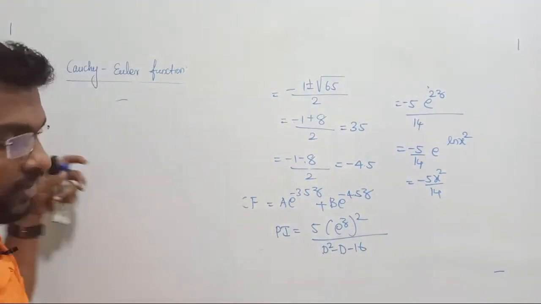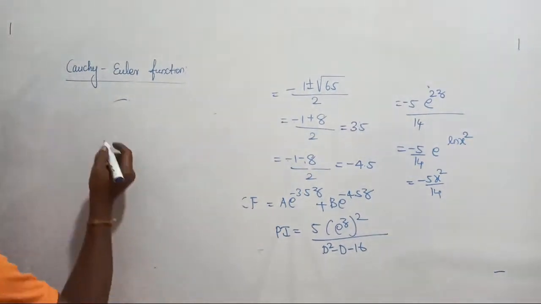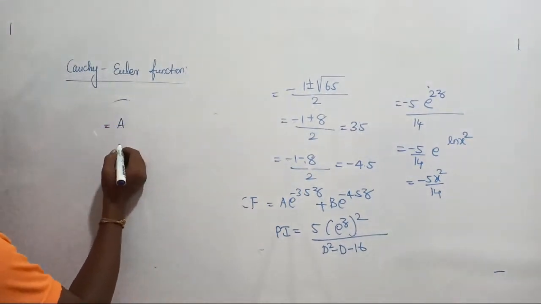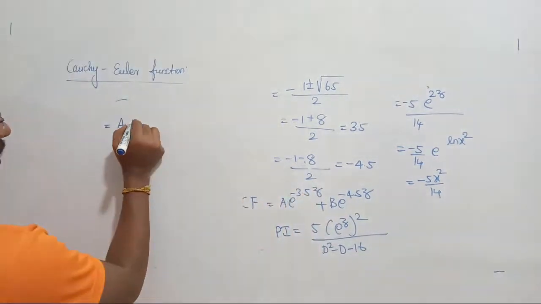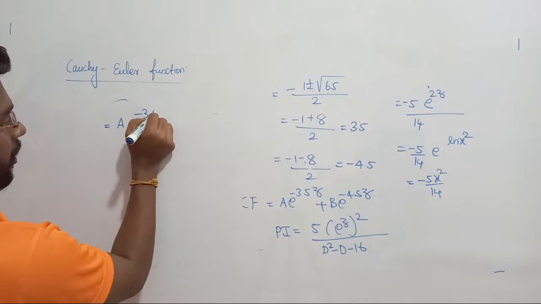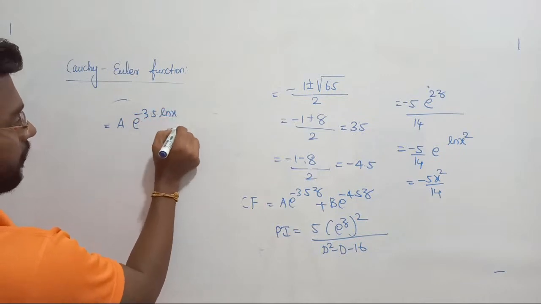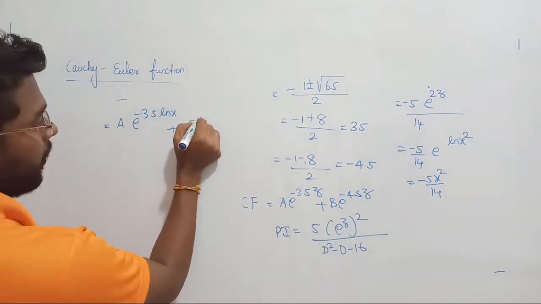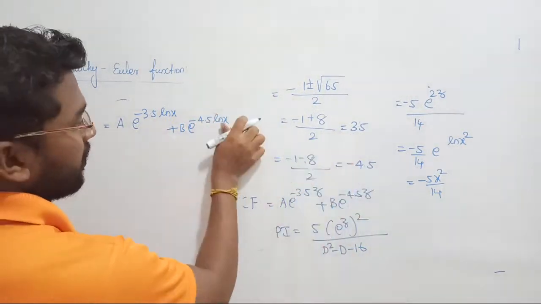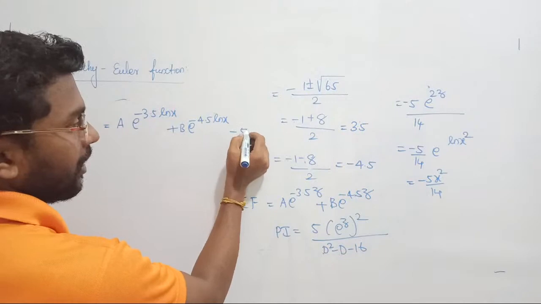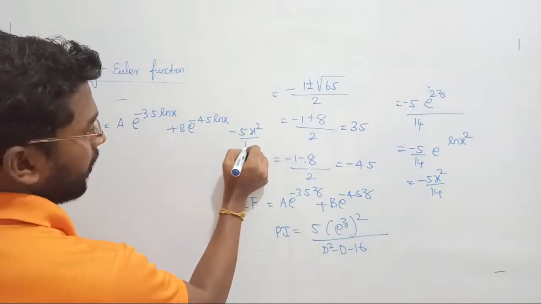What is the final answer? The final answer is going to be a into, now in place of z, we have to replace ln x, right, so that it can be written as e power minus 3.5 into ln x plus b into e power minus 4.5 into ln x plus the particular integration also clubbed together, 5x square by 14.